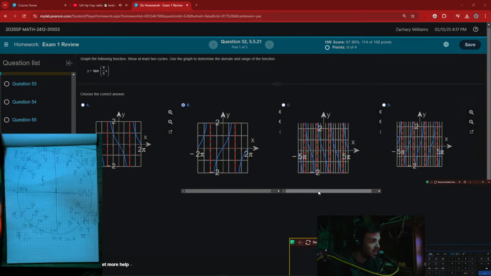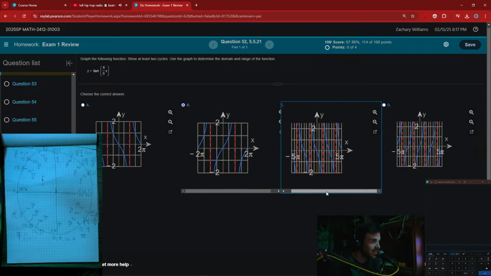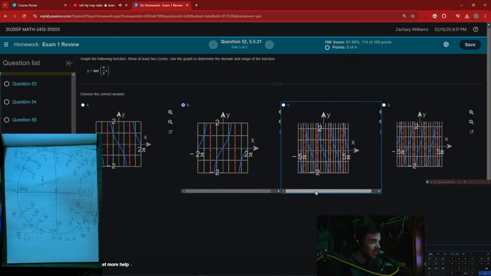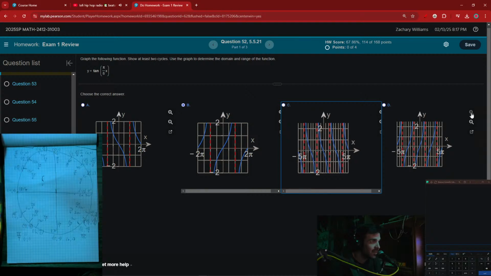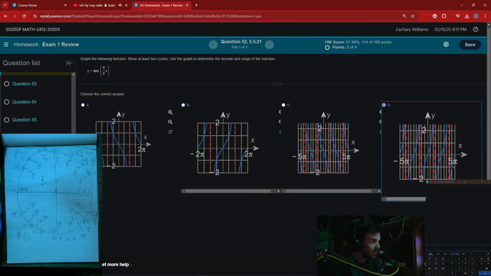This doesn't seem to show that in any of these, unless I'm just doing something horribly wrong. But I'm gonna go with my instinct and choose B, and then we'll reassess.